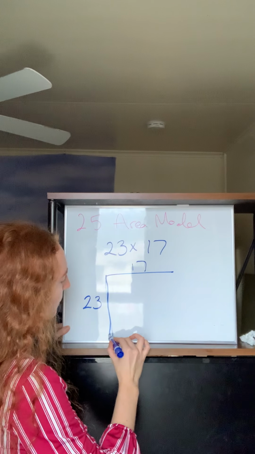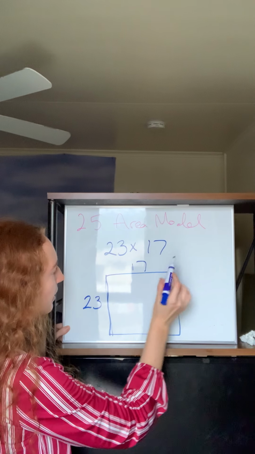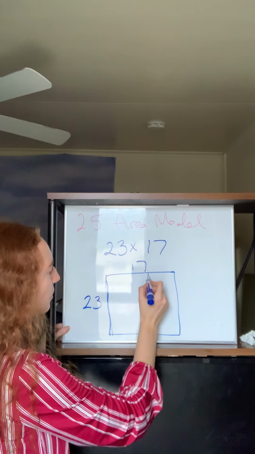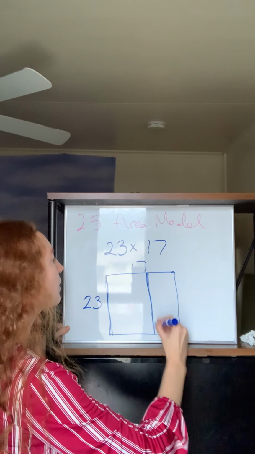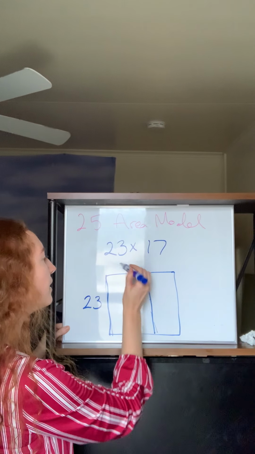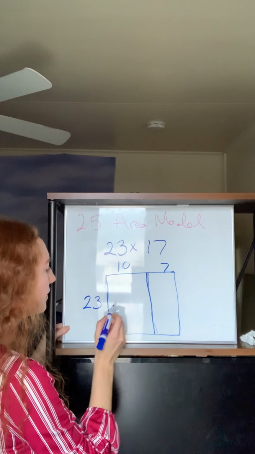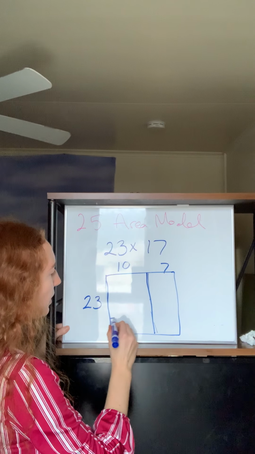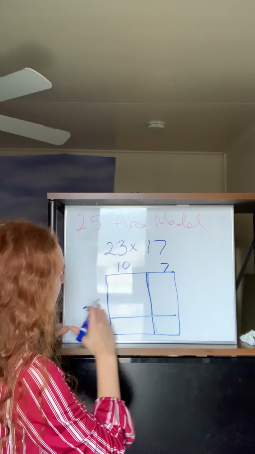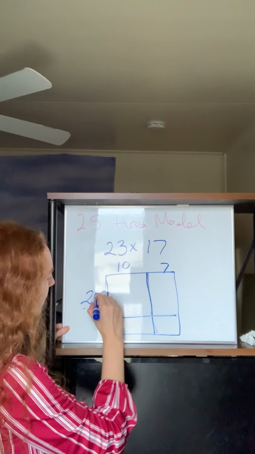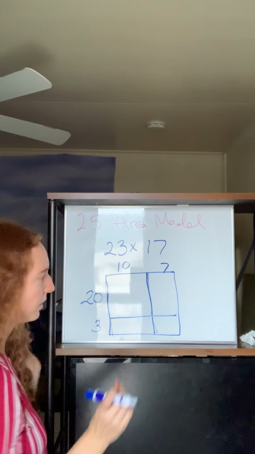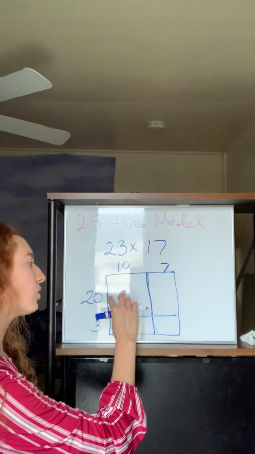And a way to break it up so that I can see it better is I'll let this be 10 and this be 7, and I will let this be 20 and this be 3. And now I can just do it piece by piece.